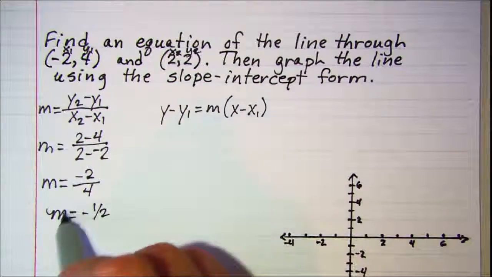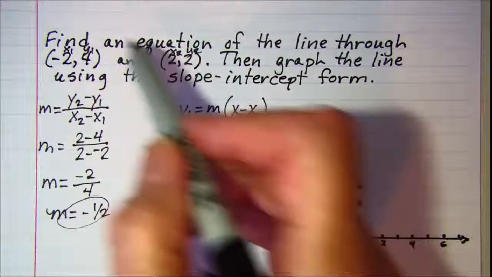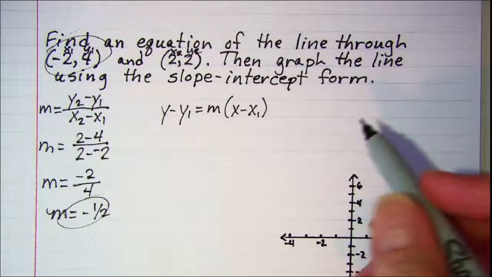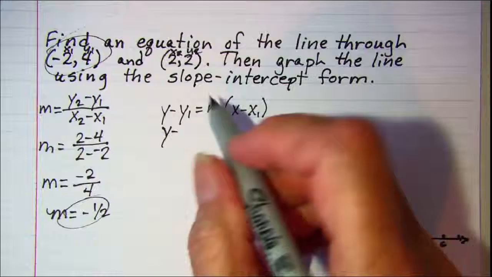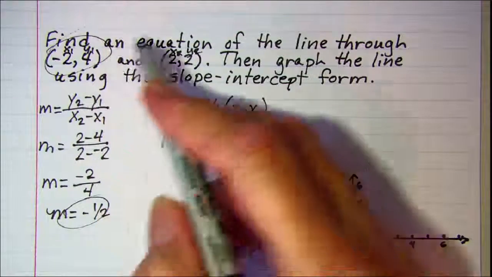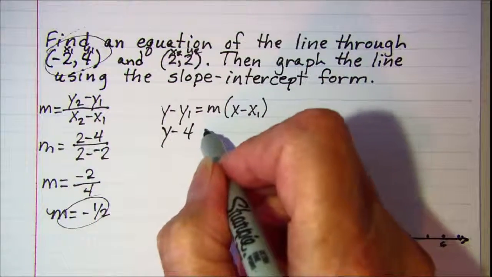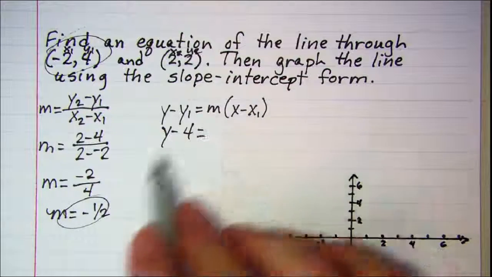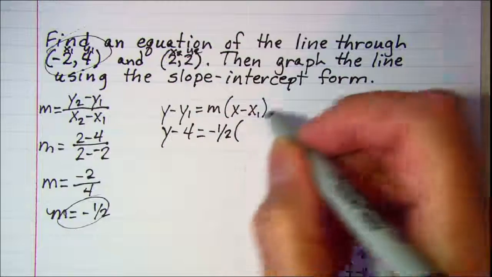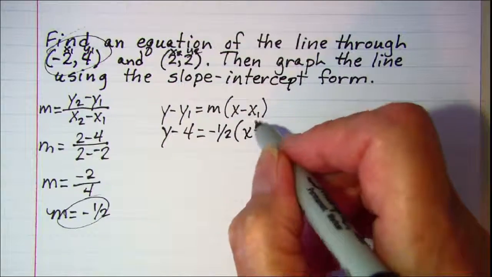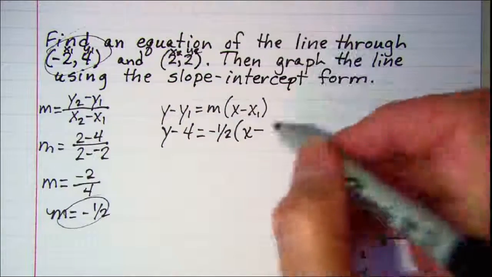So now I have my m and my x1, y1. So my equation then is y subtract y1, which is 4, equals m, which is negative 1/2, times the quantity x subtract x1, which is negative 2.